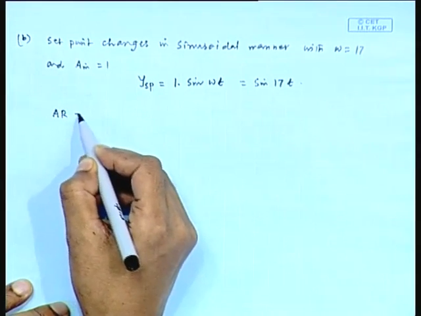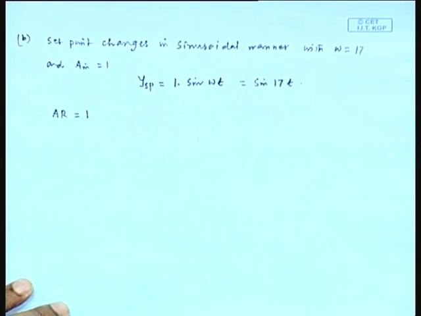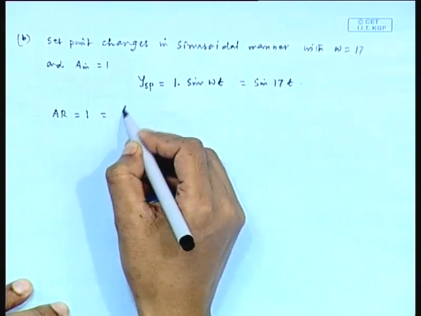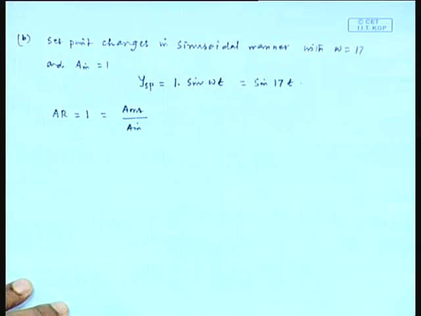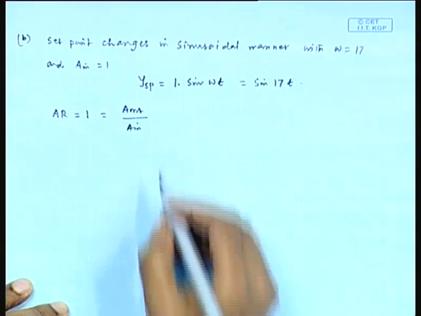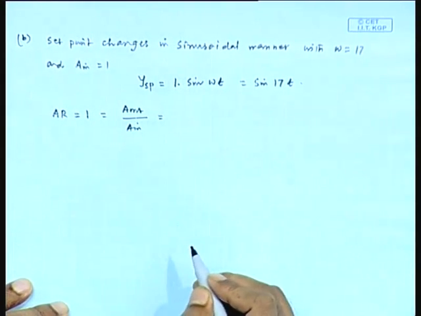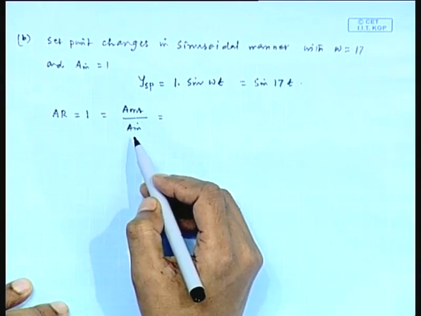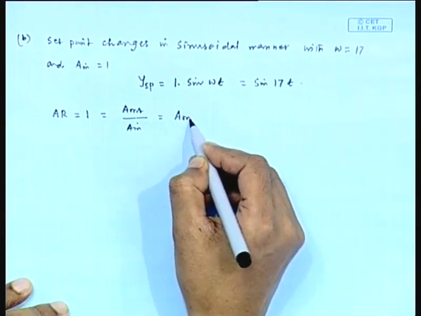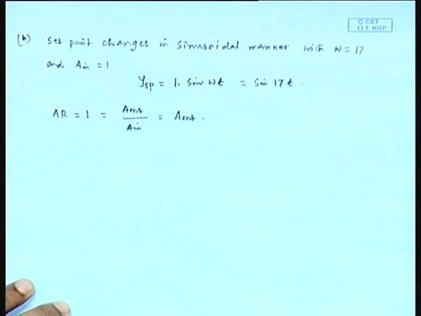Now, our first consideration is amplitude ratio equals 1. Amplitude ratio is nothing but output amplitude divided by input amplitude. Again we considered in the second consideration input amplitude equals 1. So, how much is output amplitude? Output amplitude becomes 1.